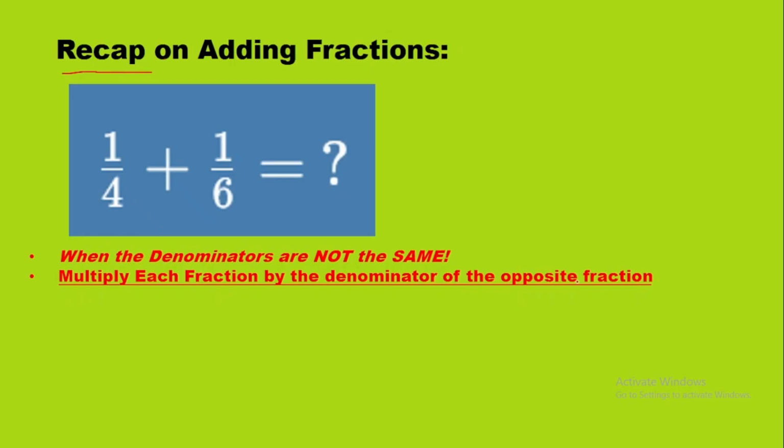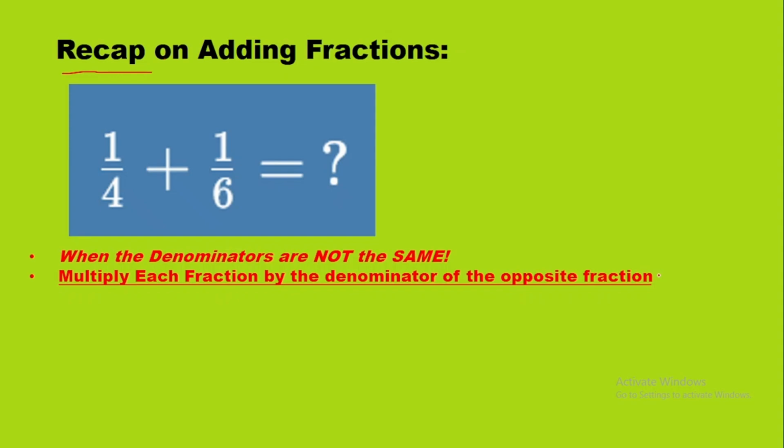Yes, I know persons watching the video might say, what about the LCM or the lowest common denominator? Fine, that's also correct. But we're looking at a quick and easy way to get our common denominator for these problems.